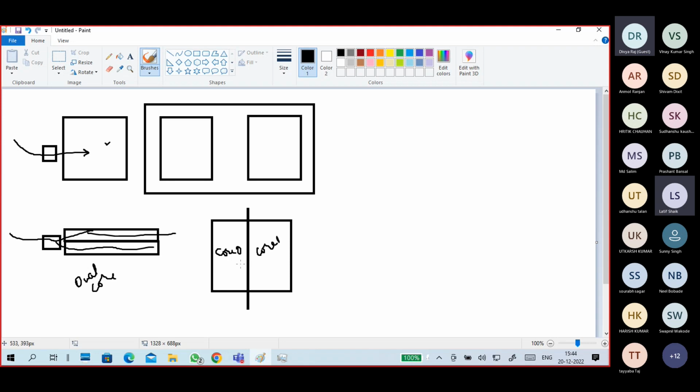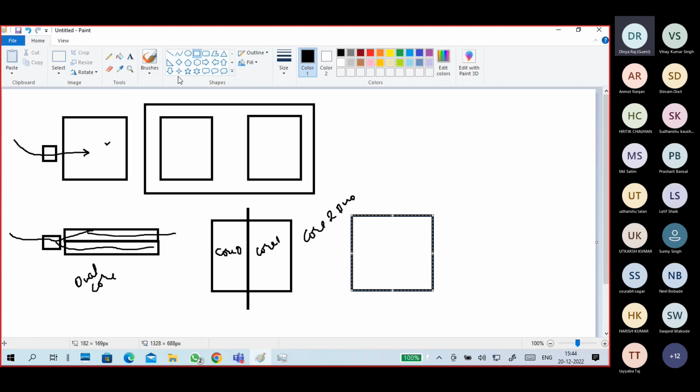So it becomes 2 cores. This is called Core 2 Duo, the old name of the model.